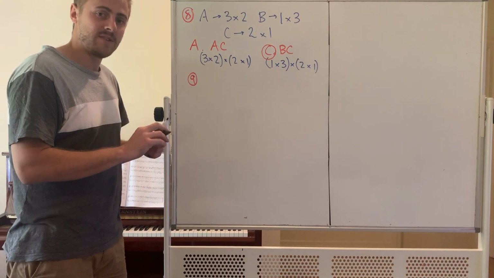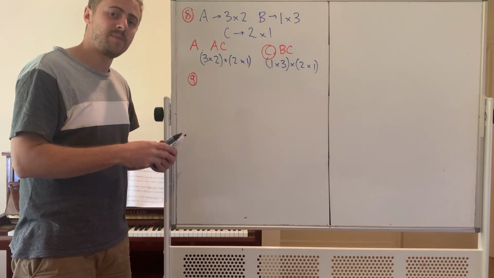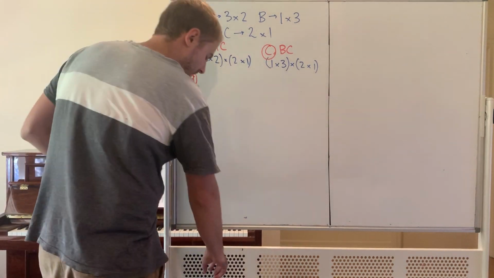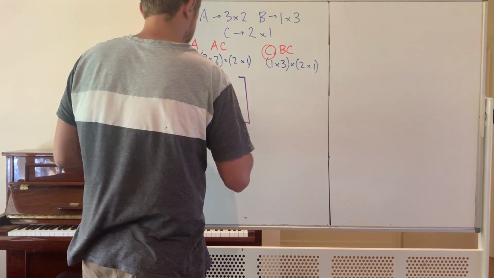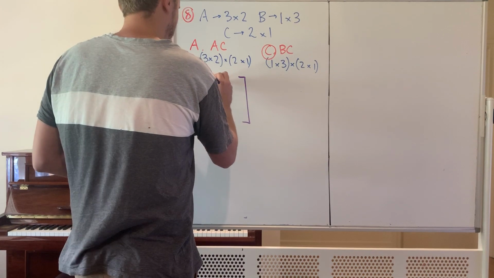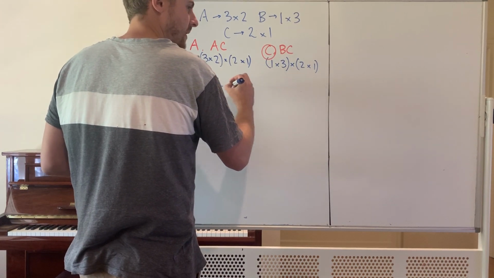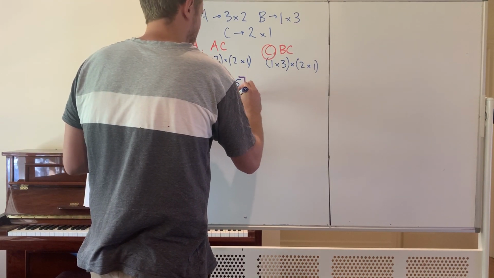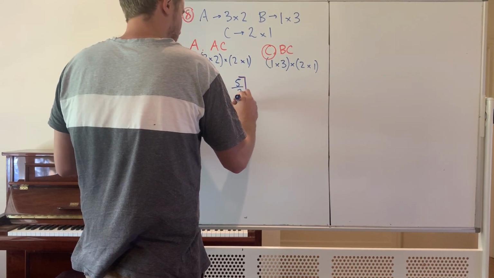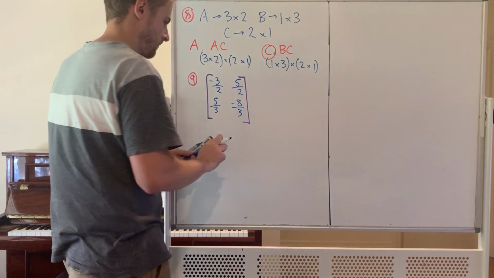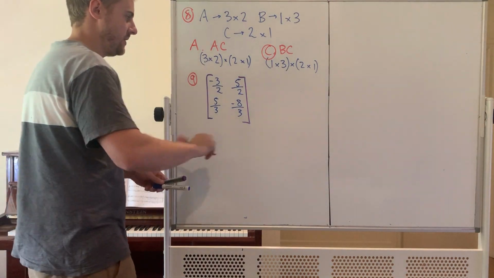So in your CAS, you can just simply type that matrix in, put it to the power of -1, and what you get is this. Which is option E.